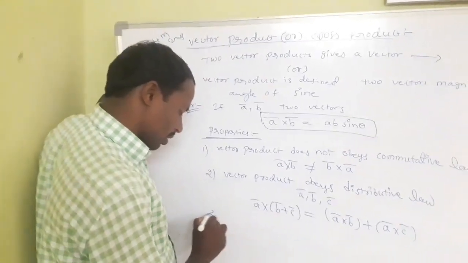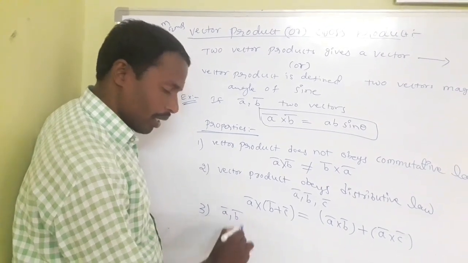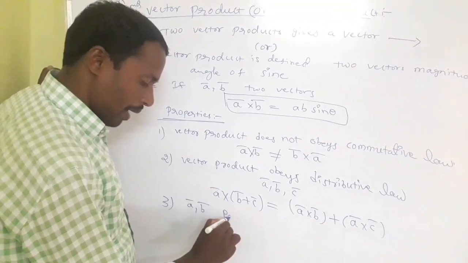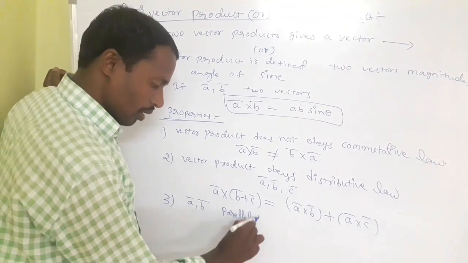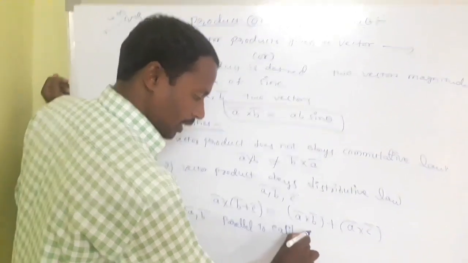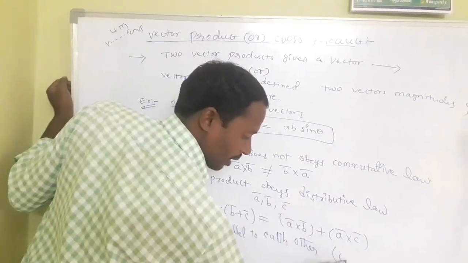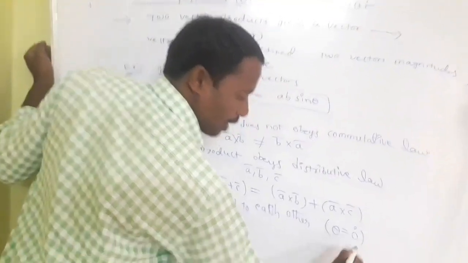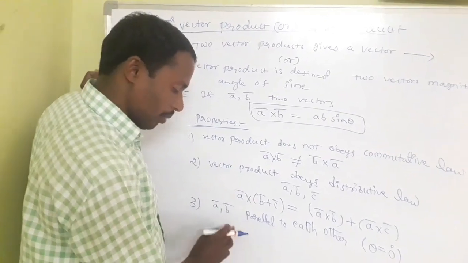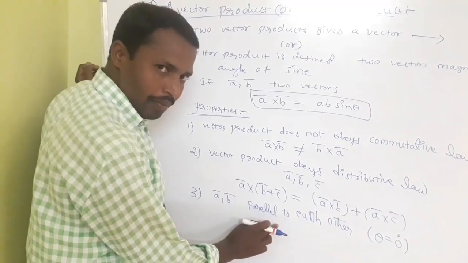Next, the third property: if a bar, b bar are two vectors and the two vectors are parallel to each other, then parallel is nothing but theta equal to 0 degrees.